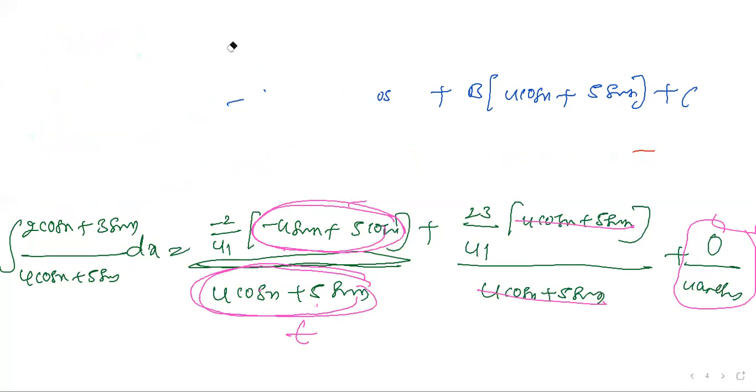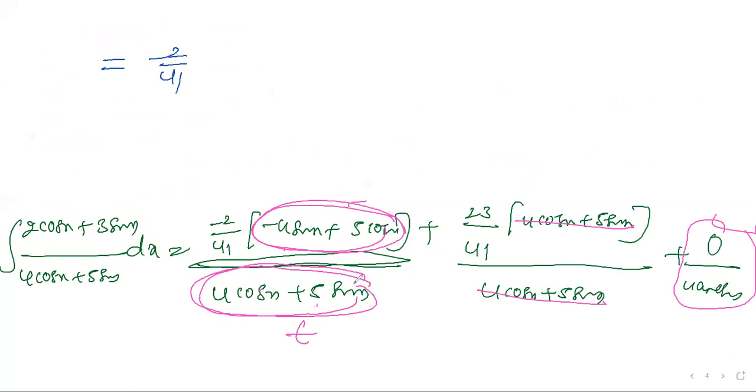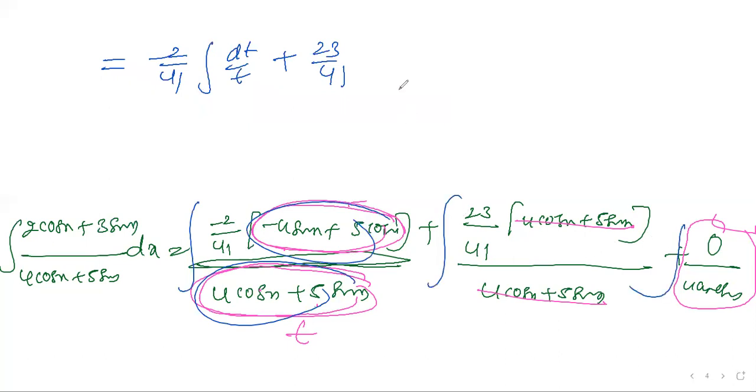So d means dt. Many problems we work on that d by dt. Next step is here minus 2 by 41. This you take t, this you got dt. So what is this? dt by t. Next 23 by 41, because these are all integrations. I left the dx, so integration 23 by 41, nothing is cancelled. Just dx you left out.